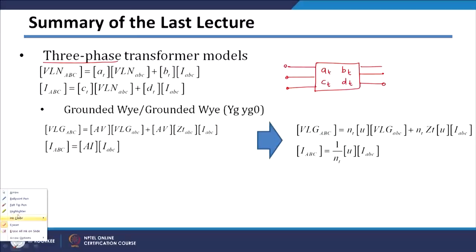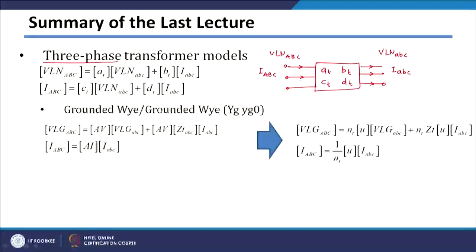The voltages will be V_LN ABC in capital letters for primary, and V_LN abc in small letters for the secondary side. Currents on the primary side are I_ABC in capital letters, and on the secondary side I_abc in small letters. So this is your I_A, I_B, I_C, and here also I_a, I_b and I_c.